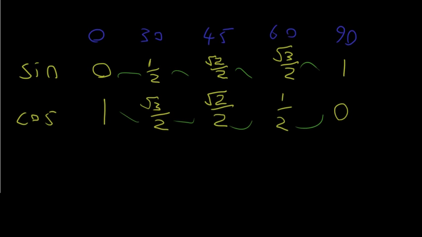Okay. What else? Now I have to explain why, if I know sine of 30, I know sine of 60. This triangle is one worth remembering as well. If I have this as 30 degrees and this as 60, it's going to look like this.